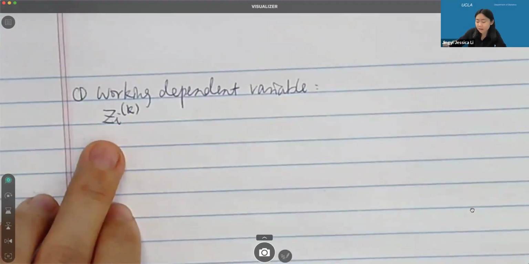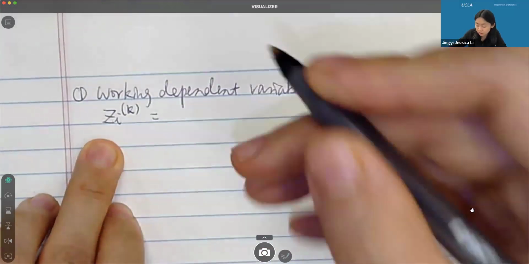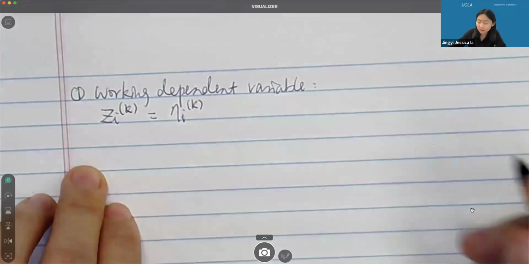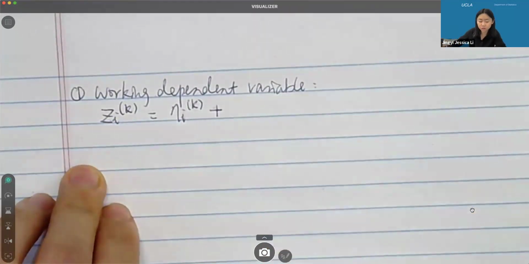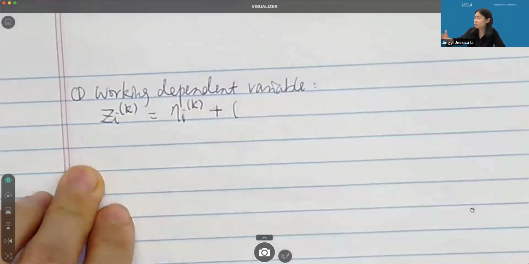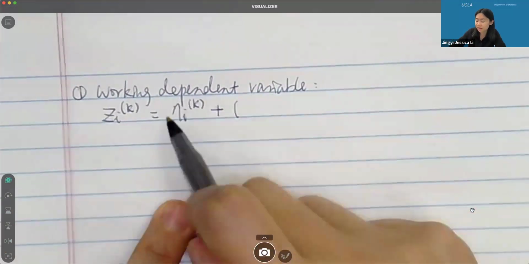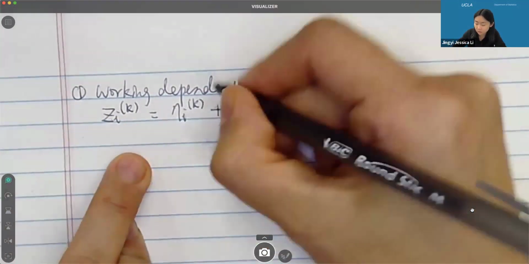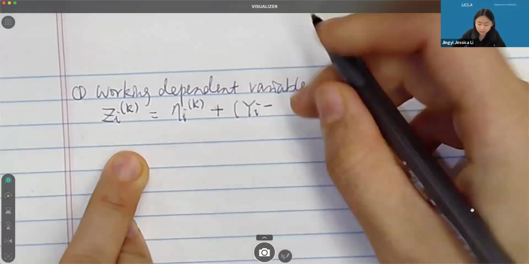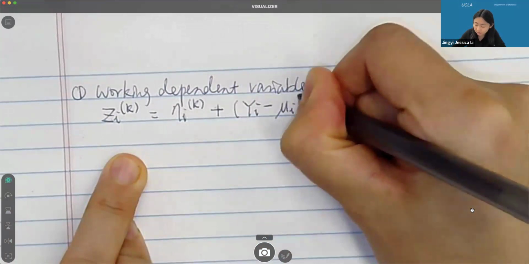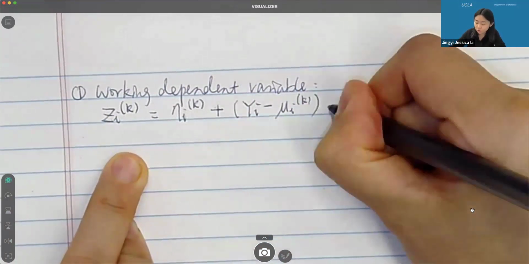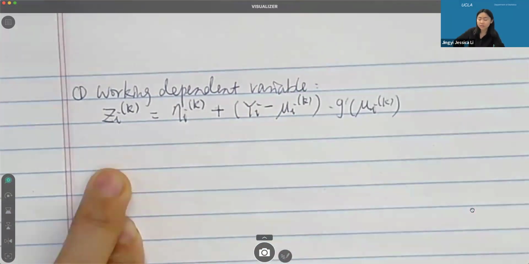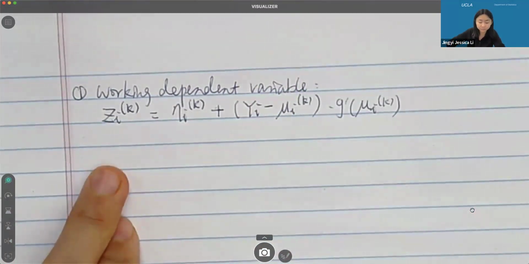So remember, that is the linear predictor given the current parameter values, eta_ik, plus this additional adjustment term just from the Taylor expansion. So this is like a Taylor expansion center. This is the first order adjustment: (y_i minus mu_ik) times g prime of mu_ik. That's the working dependent variable.